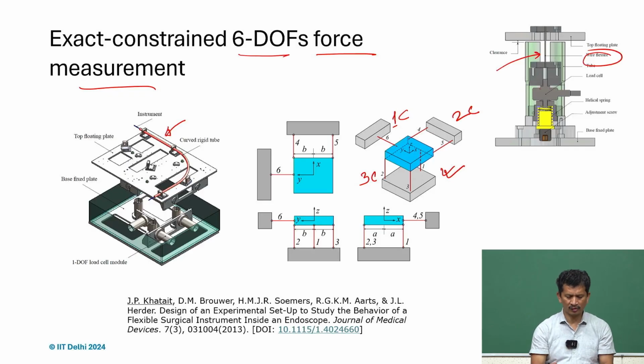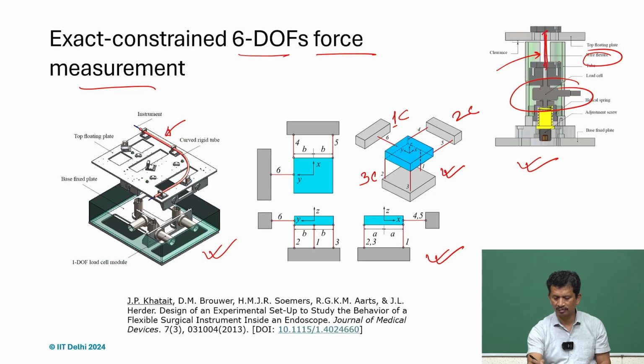So, this is the concept and embodiment design, and this is the detailed design where we have the load cell here, which is mainly the member providing the one DOF constraint, and this is some mechanism to protect and preload it. So, you can always refer to this article, and you will understand about this.